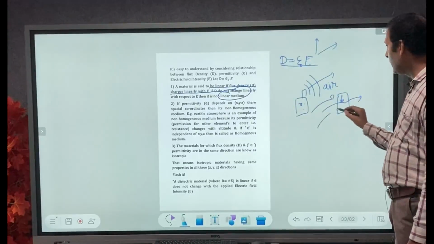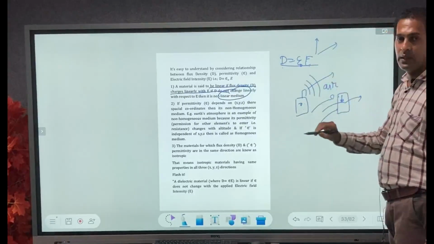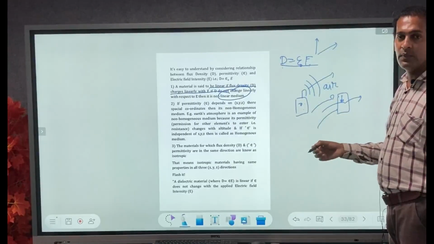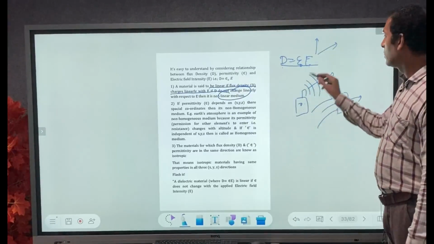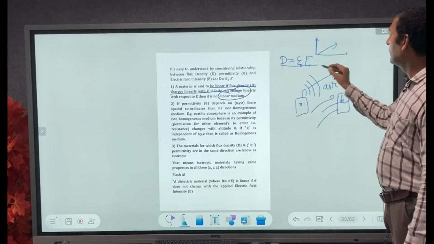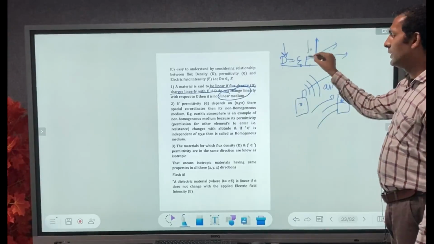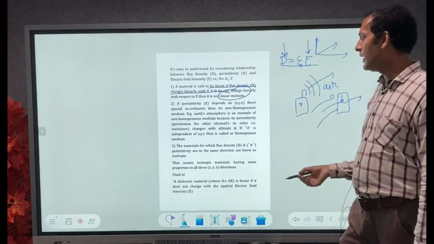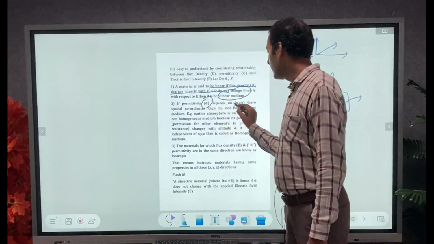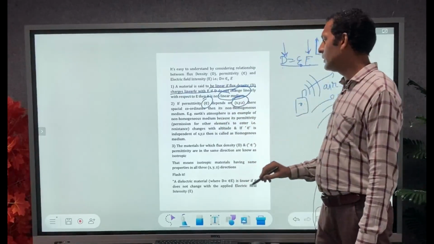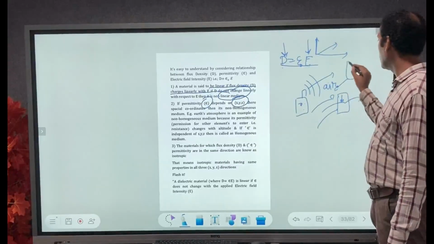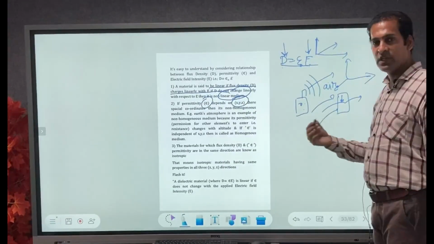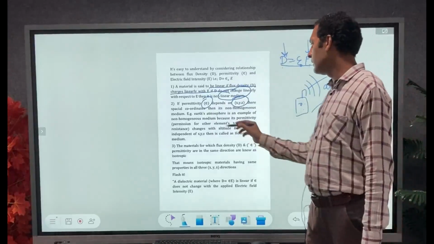So how they behave, the relation between D and E, according to that we decide whether the medium is linear or homogeneous or isotropic. Linear means the one that changes D and E linearly. Next, if epsilon depends on x, y, z, that means the space coordinates. In air or space we have to consider the location with respect to three axes.